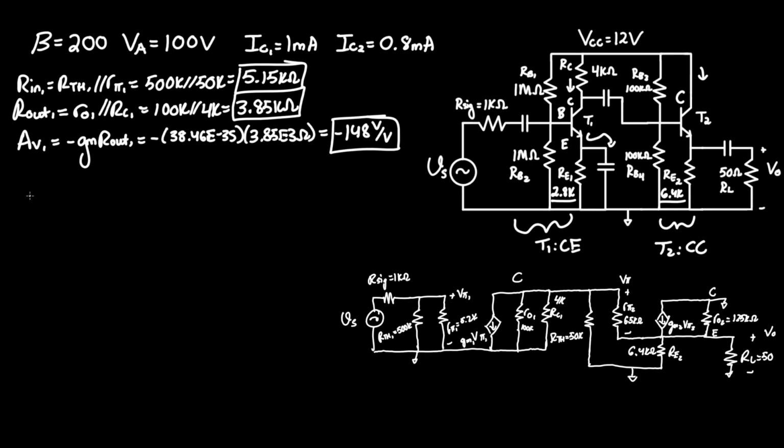Now for the second stage, we have R-in 2 for our common collector, and this equals our Thevenin 2 in parallel with our pi 2 plus RE2 in parallel with RL, times 1 plus beta.